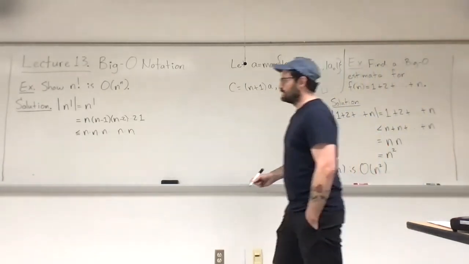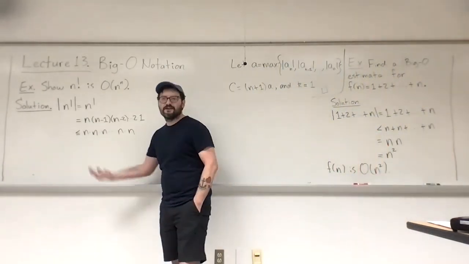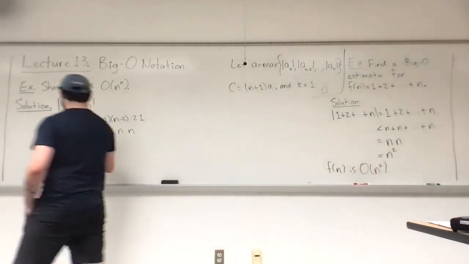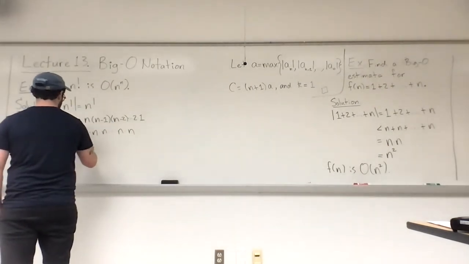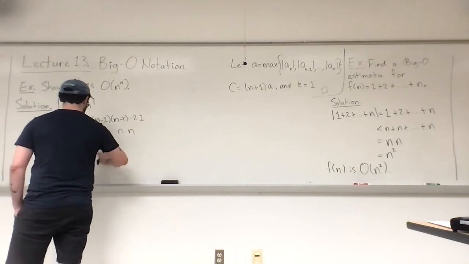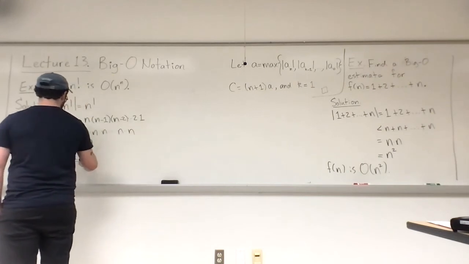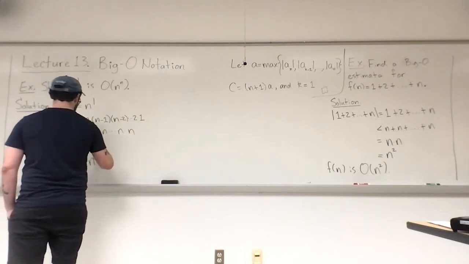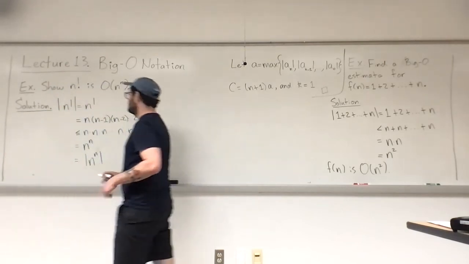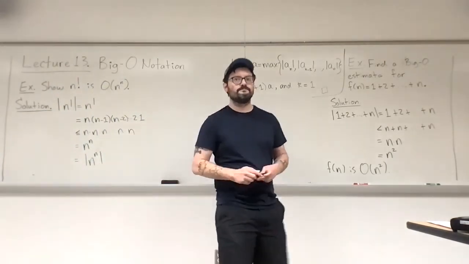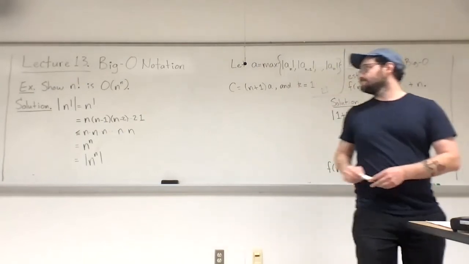Right, you're multiplying n times, so it's going to be n to the power n. And that's obviously equal to the absolute value of n to the power n.